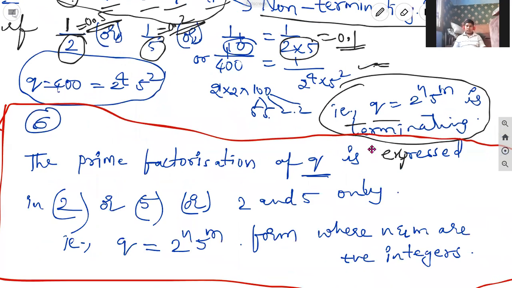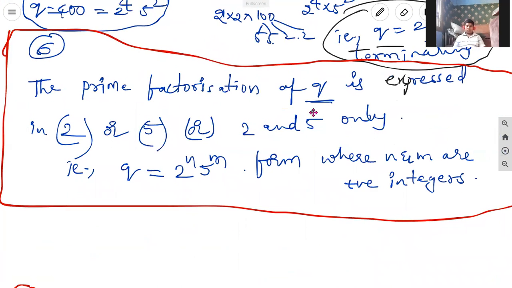So what we can write is, the prime factorization of q is expressed in 2 or 5 or 2 and 5 only. That is q in the form of 2 power n 5 power m, where n and m are positive integers. This expression will come in the 10th standard.